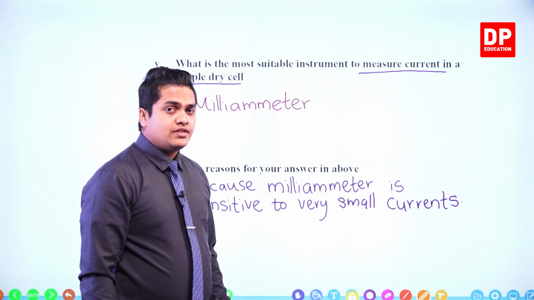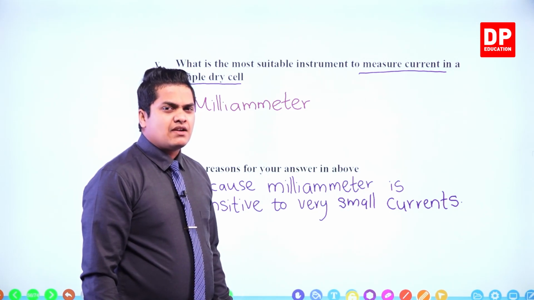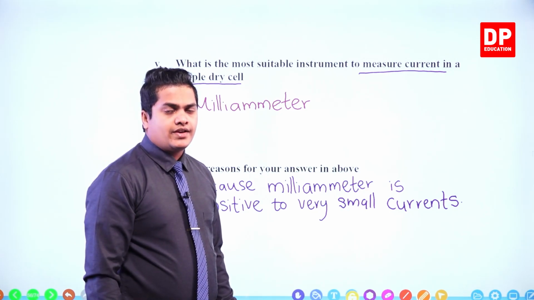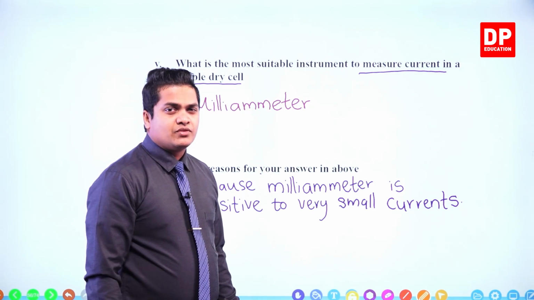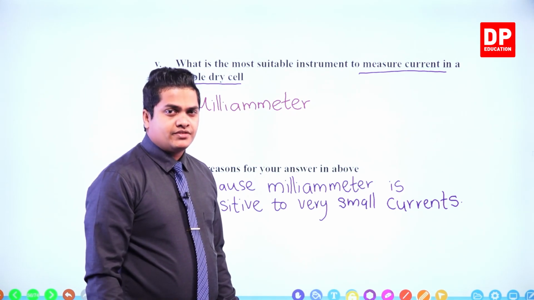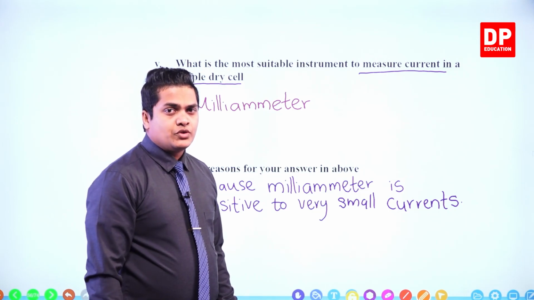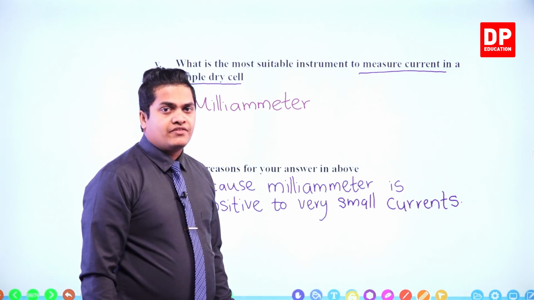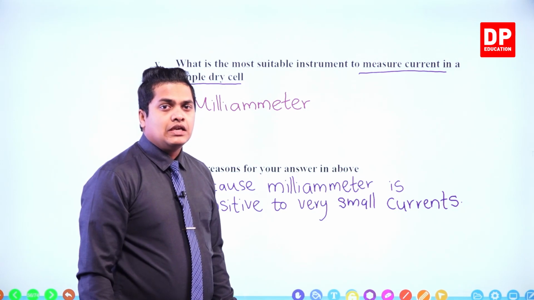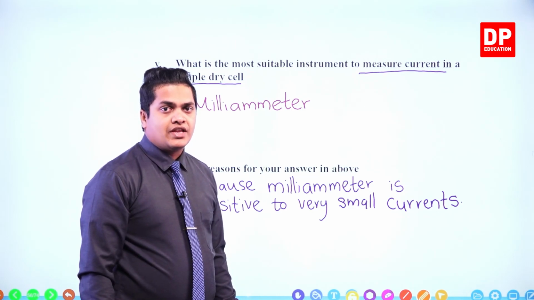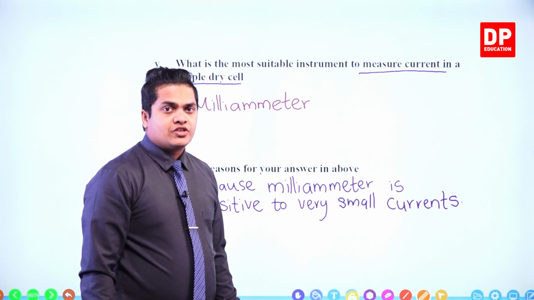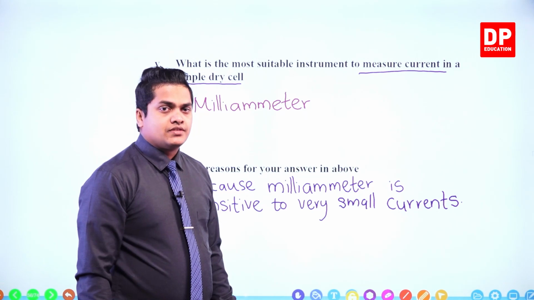Using an ammeter is somewhat difficult; taking the readings would be somewhat tougher. Therefore, it's wise to use a milliammeter so that we can get our readings very clearly and accurately. So the milliammeter is the instrument that we need to use when measuring very small currents, right?